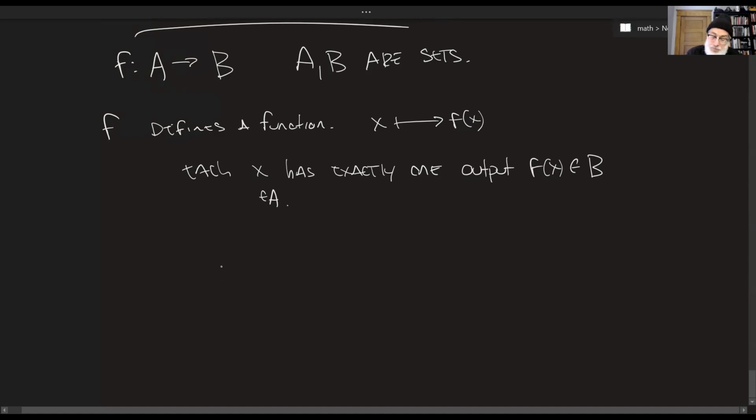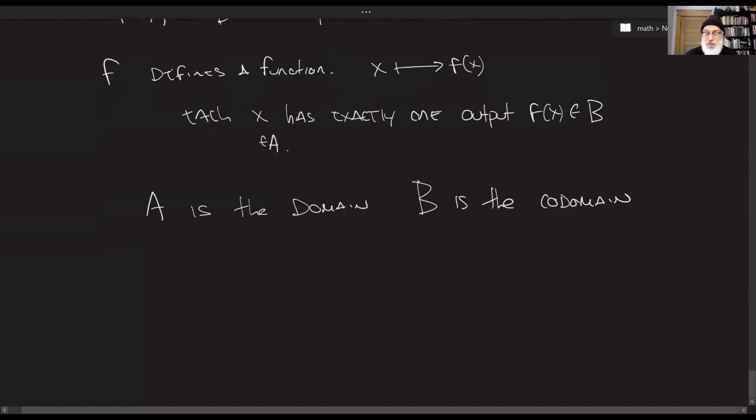All right, so what do we call A here? A is a set. So A is the domain. And B is the codomain. So we're mapping A to B. A is domain, B is codomain.